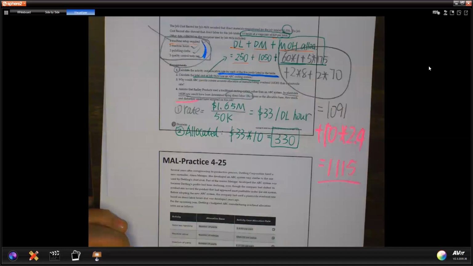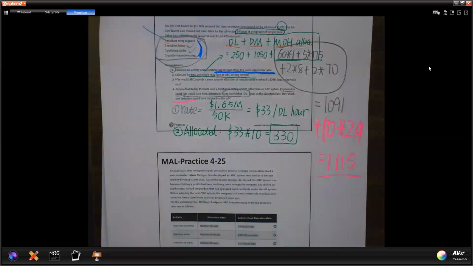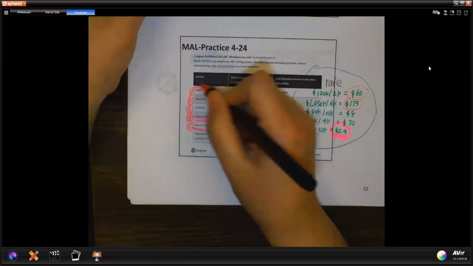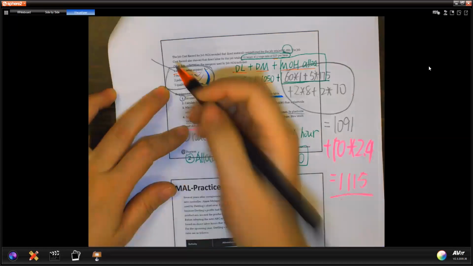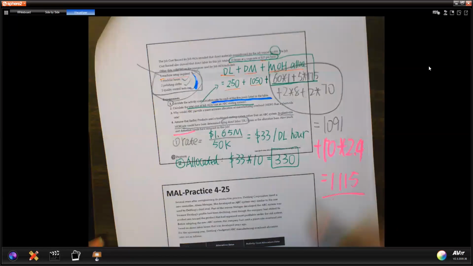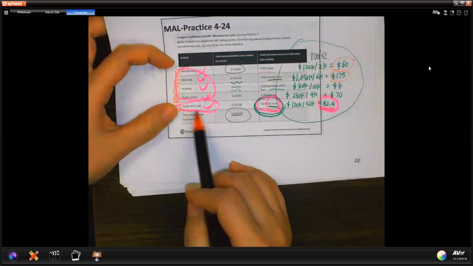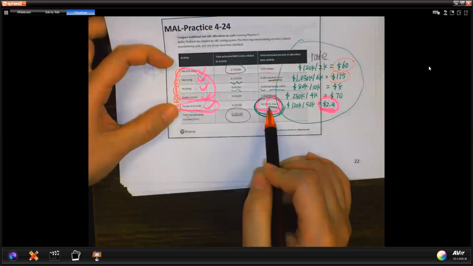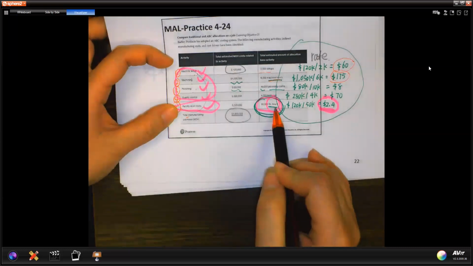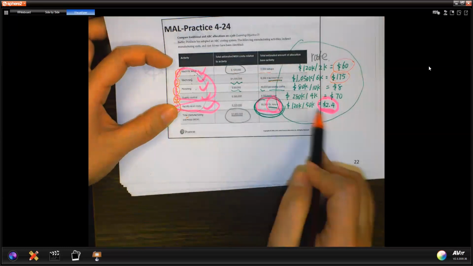And the tricky part for this question is, remember we have 5 activities, but this part only tells us 4 activities. So we are not done. We have to also think about our facility level activity. Facility level is related to the direct labor hours. For 1 direct labor hour, we need to allocate $2.4.